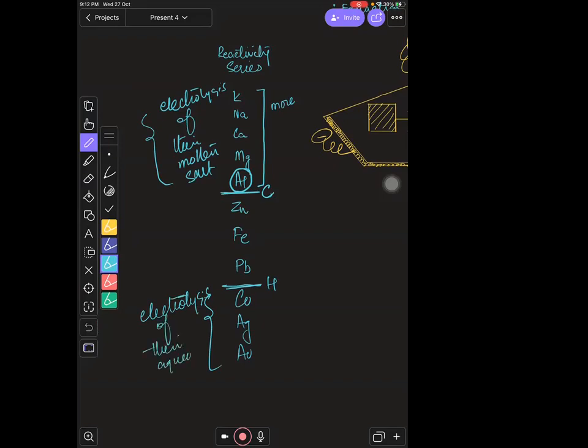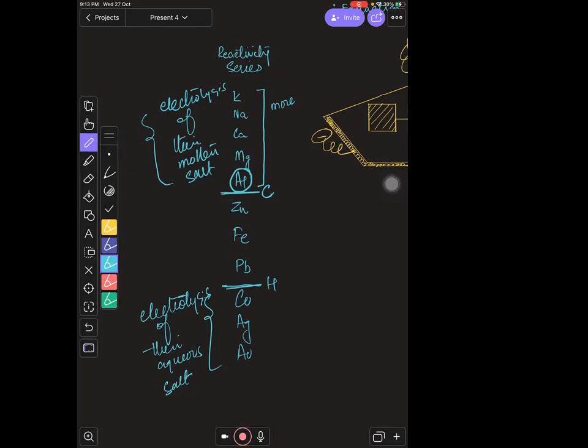But actually we are talking about extraction right now, not purification. Less reactive metals can be extracted more easily with carbon and hydrogen, and these processes are cheap, so we can use those. But electrolysis is a very costly process, so we try to omit it.